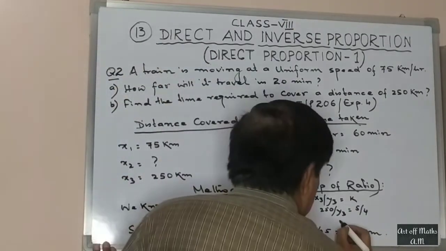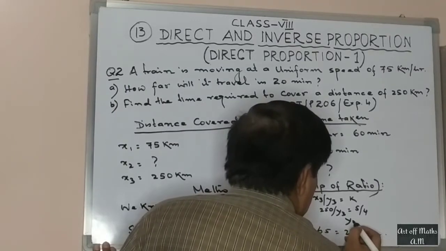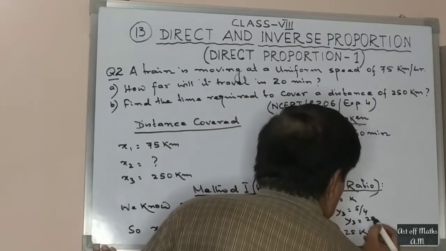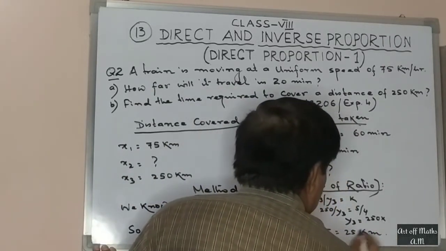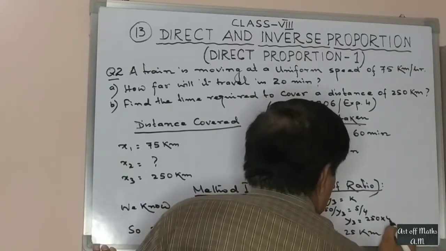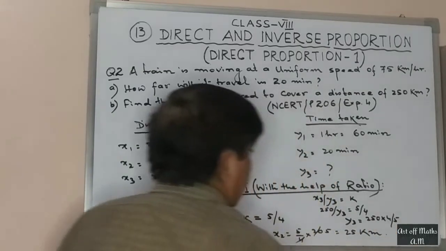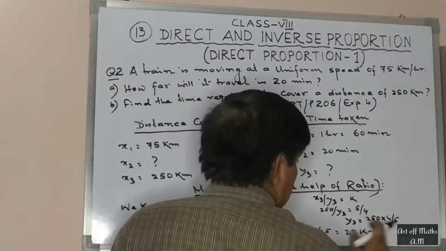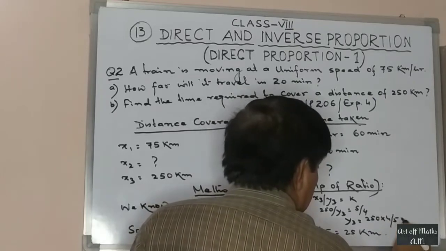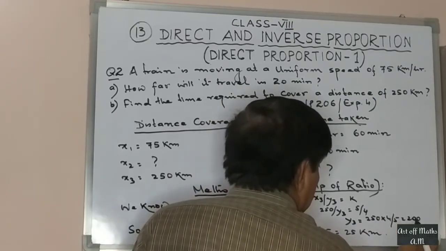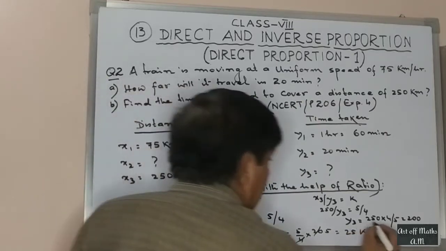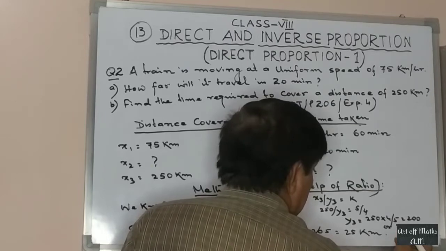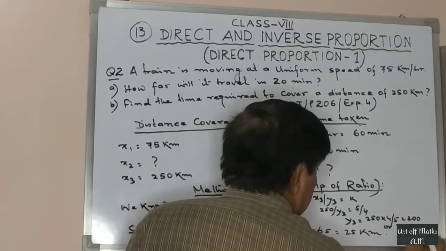Now y3 would be 250 into 4 divided by 5. That means 50 into 4, 200 minutes, or 3 hours 20 minutes.